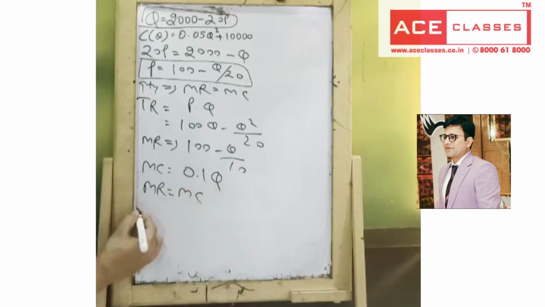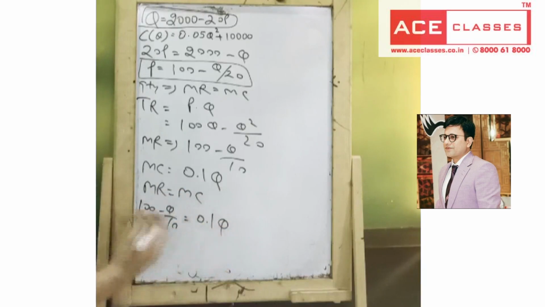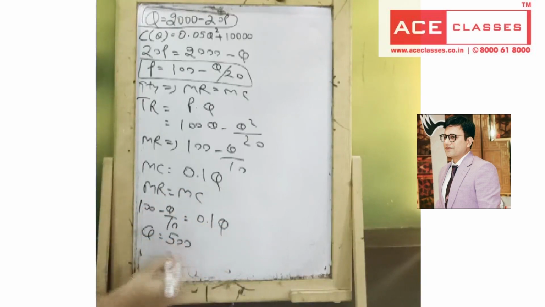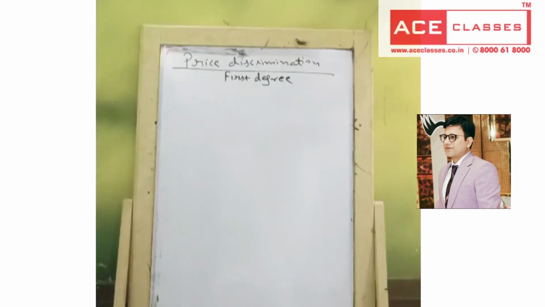Now MR is equal to MC, so 100 minus Q by 10 is equal to 0.1 Q. Once you solve it, you will be able to get your quantity as 500. What about the price? Well, price function we have here as 100 minus Q by 20, which will be 500 upon 20. So our price in this case should be 75.